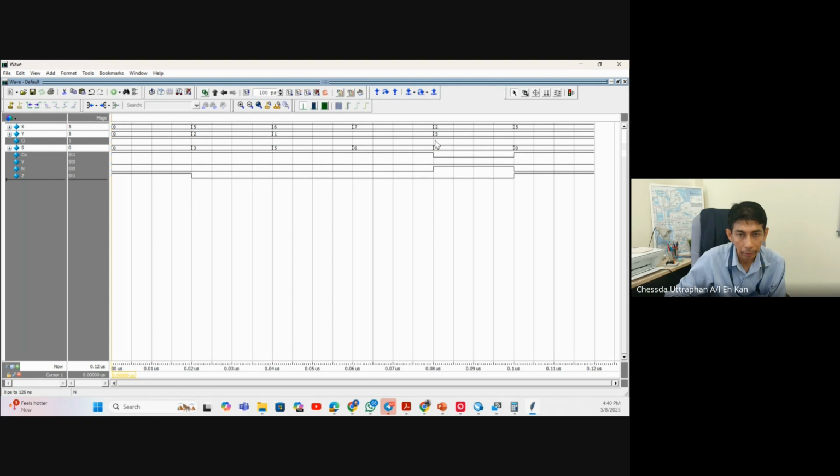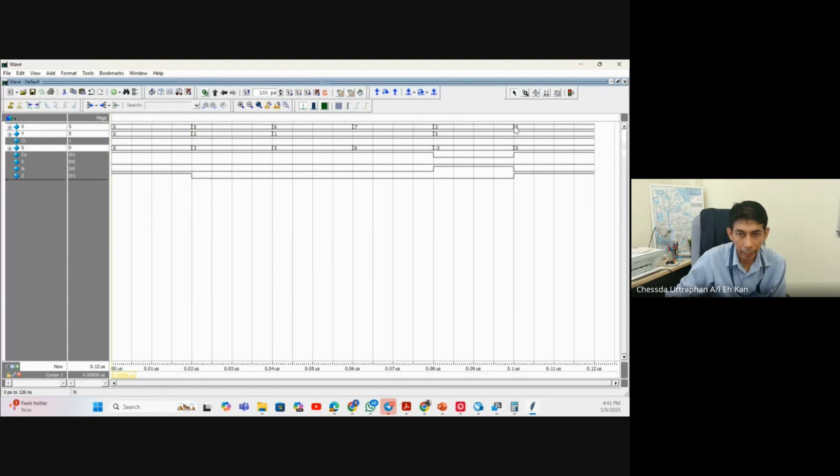And x is now less than y. You can see that z equal to 0 means that x is not equal to y, but x is less than y because n equal to 1. N equal to 1 means the result is negative. When the result is negative means that x is less than y.